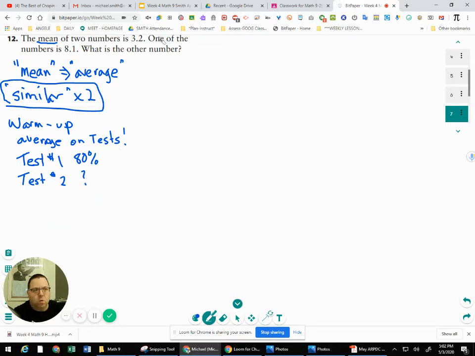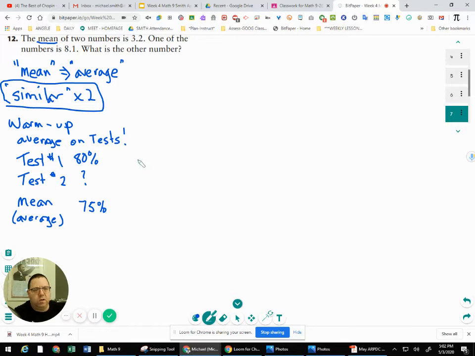So just like one of the numbers is 8.1, what is the other number? One of the tests, I got 80%. The other test, don't know. But the mean, or in other words, the average between these two tests was a 75%. The average was 75%.